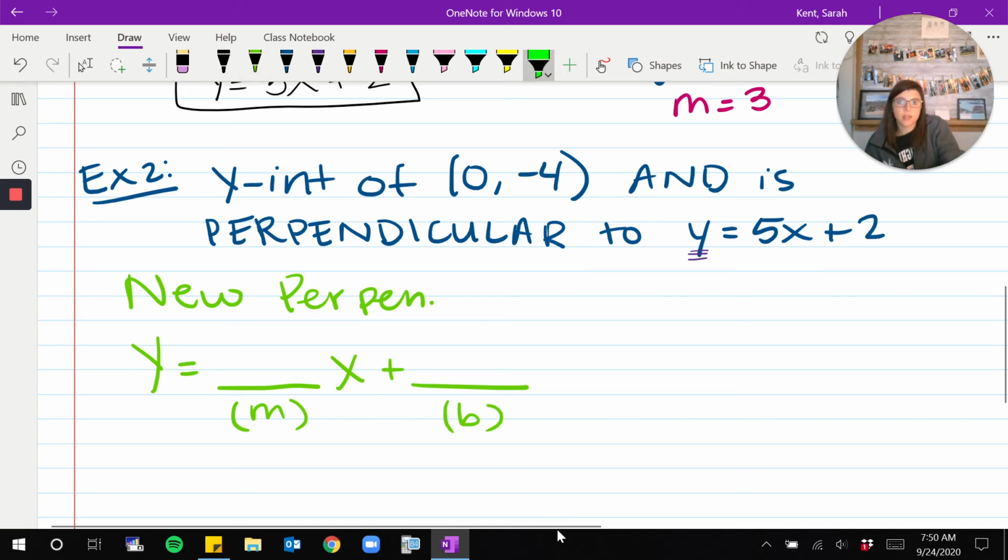The question says the y-intercept is negative 4, so I can plug in negative 4, and that's all I do for the y-intercept. But now I also need the slope. I want one that is perpendicular to y equals 5x plus 2. Here the slope is 5.